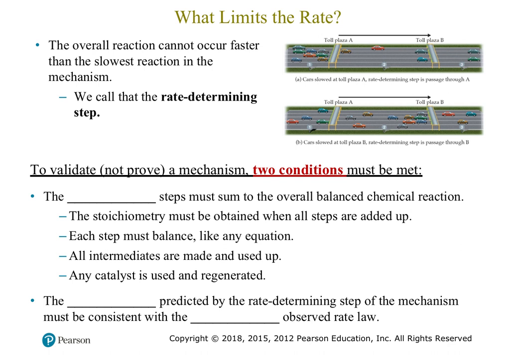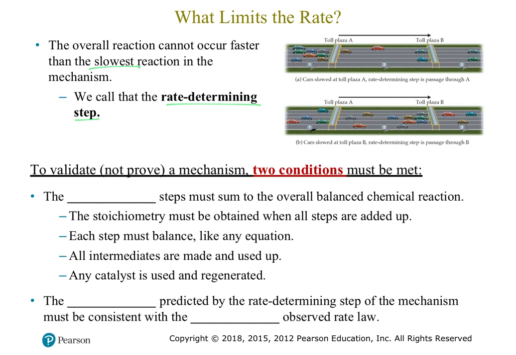So we use our mechanisms to help us explain the rate law. But all reactions don't happen at the same rate within a mechanism. When we have a reaction that is slow, it's what's going to really limit the overall reaction. So we call the slowest step our rate determining step.